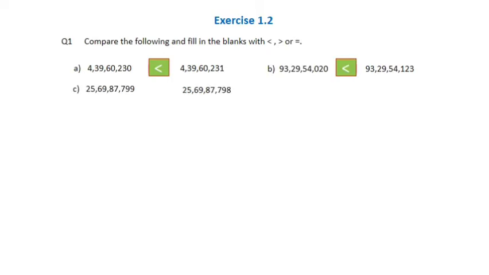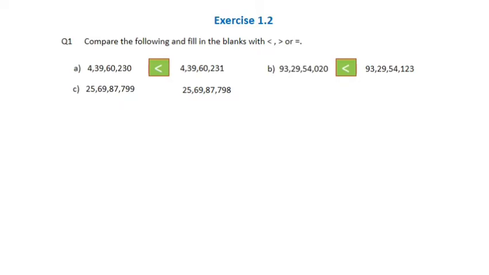Let's come to C1. Now again see here, ones, thousand, lakh and crores. Here also ones, thousand, lakh, crores. Again both have an equal number of digits. Now let us see crores. Here is 25 crores, 25 crores, 69 lakh, 69 lakh, 87,000, 87,000, 799, 798.